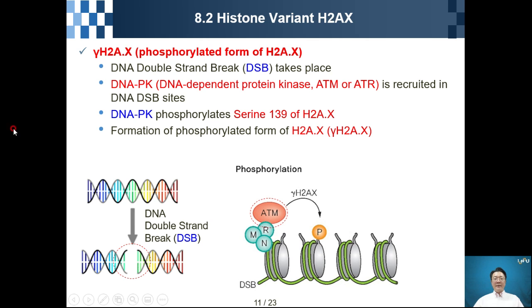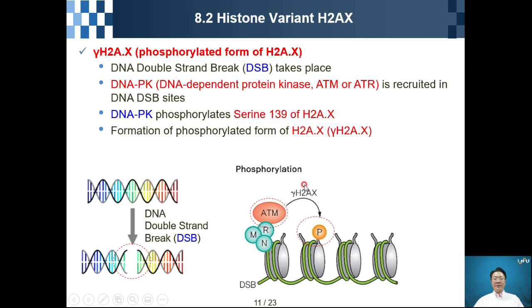Okay, after that, DNA PK phosphorylates H2AX. So ATM phosphorylates H2AX, especially in human H2AX, at the 139th location. There is a serine located at the 139th location, and this DNA PK phosphorylates the 139th serine.